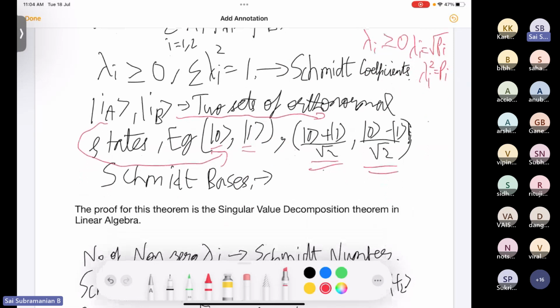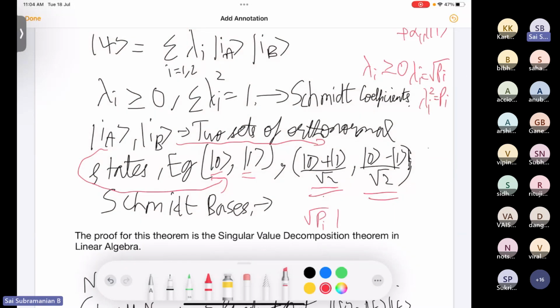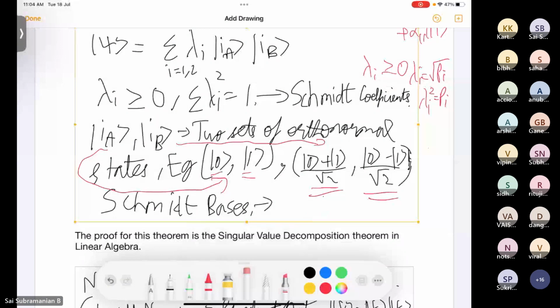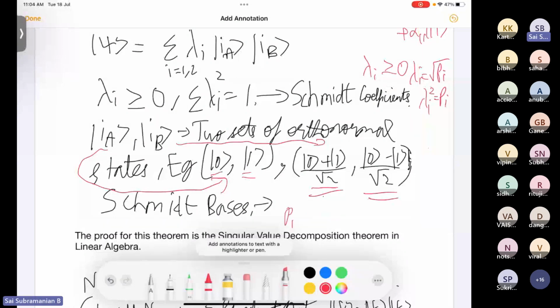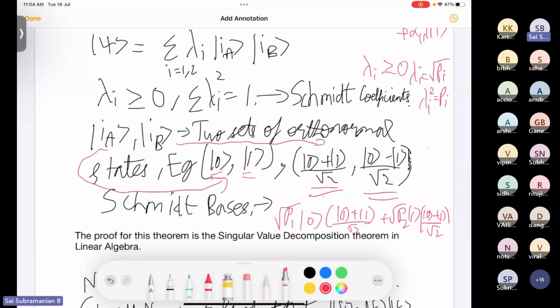What this is saying is it has some probability, square root of p i, times some state. Let me write it out as a sum itself. Let's say it is square root of p1 times 0 and 0 plus 1 by root 2, plus square root of p2 times 1 and 0 minus 1 by root 2.